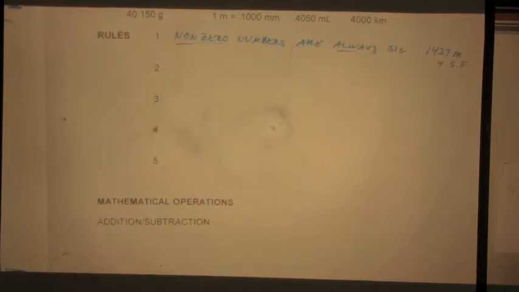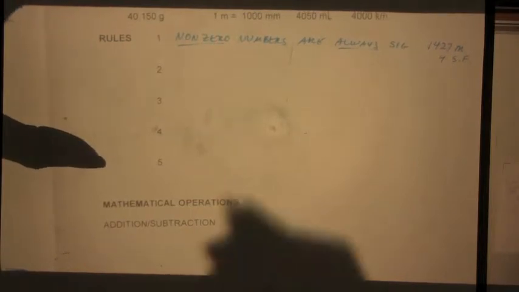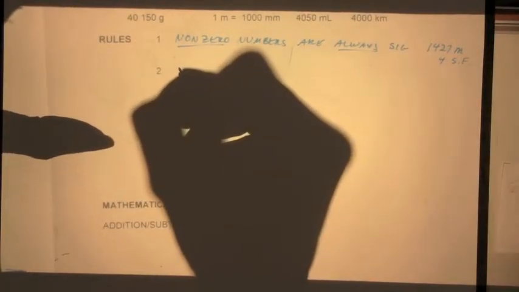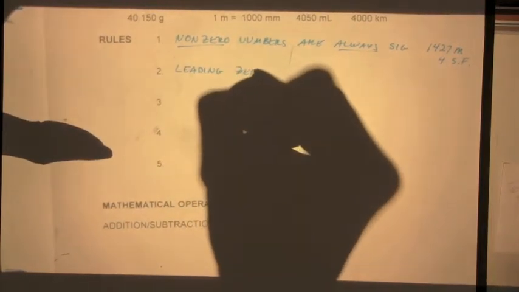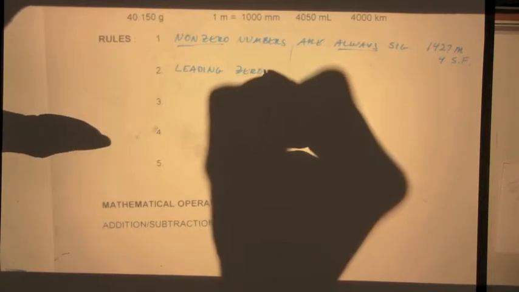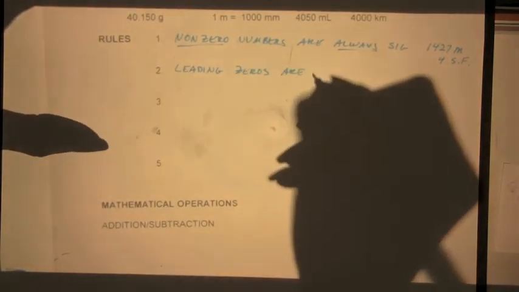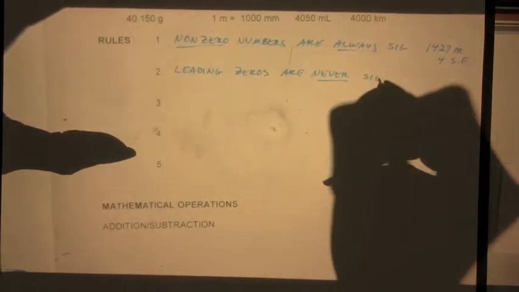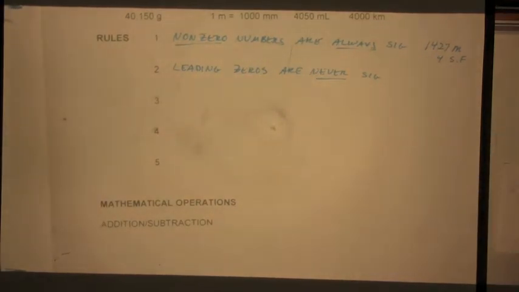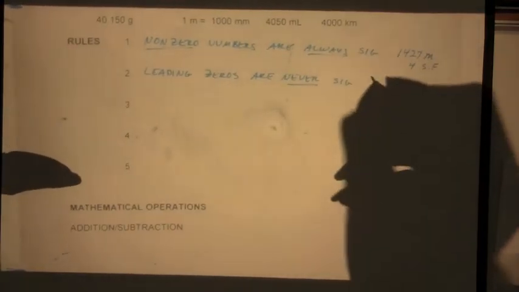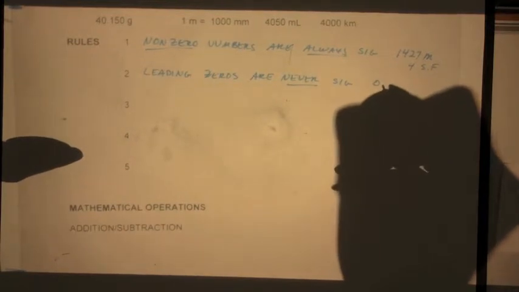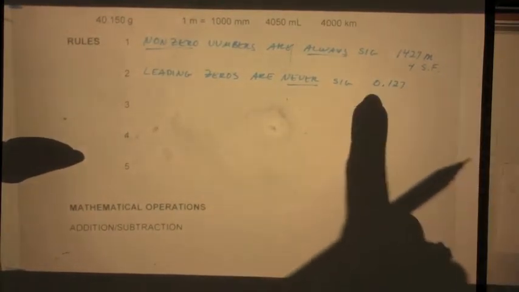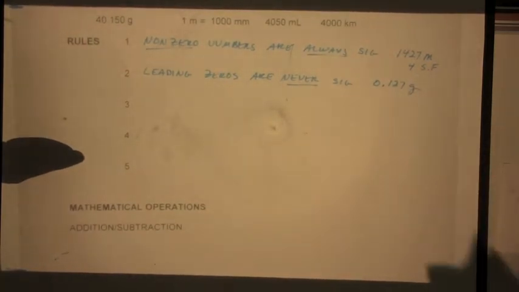All right, then we get into our zeros, and they're the problem causers here. Leading zeros are never significant. By leading zeros, we mean zeros in the front, so 0.127, got to put a unit with it, we'll call it grams this time.